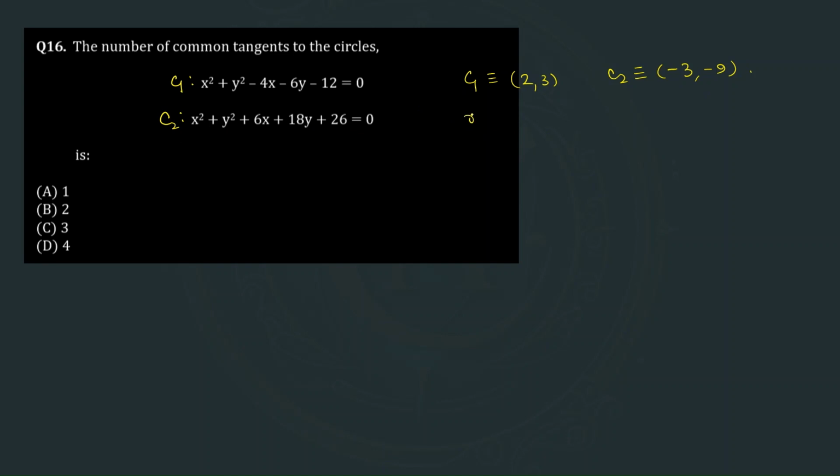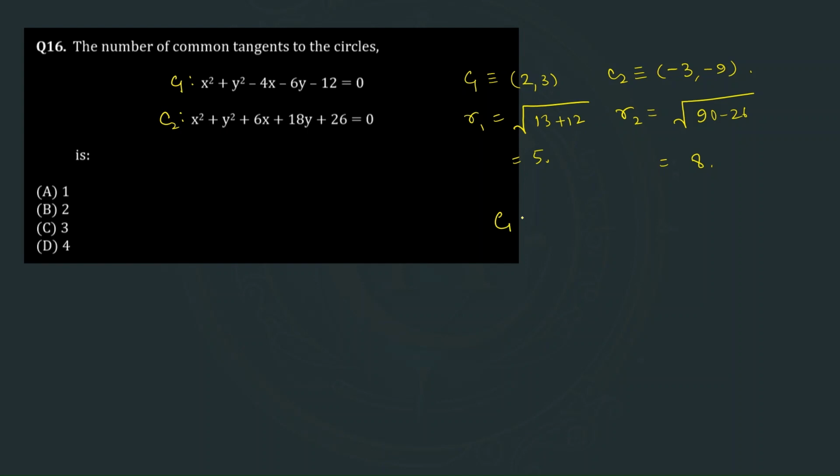and the radius of the circle C1 will be root under 4 plus 9 minus minus of 12, so 13 plus 12, that is 5, and radius of circle 2 will be root under 9 plus 81, that is 90, minus 26, that comes out to be 8.